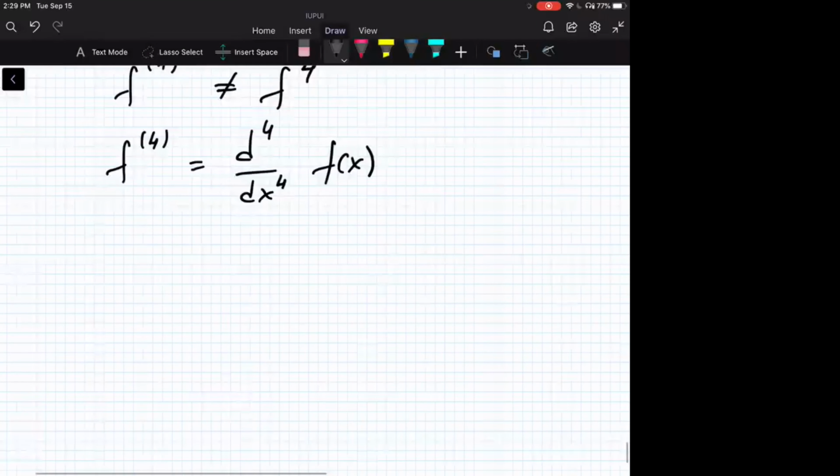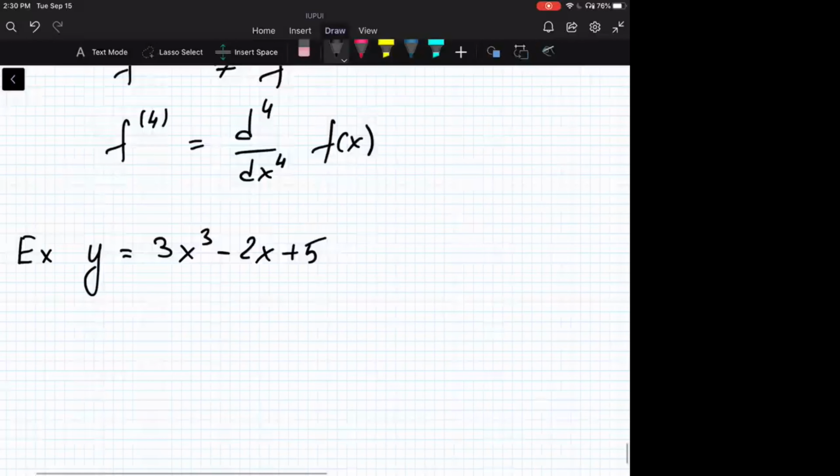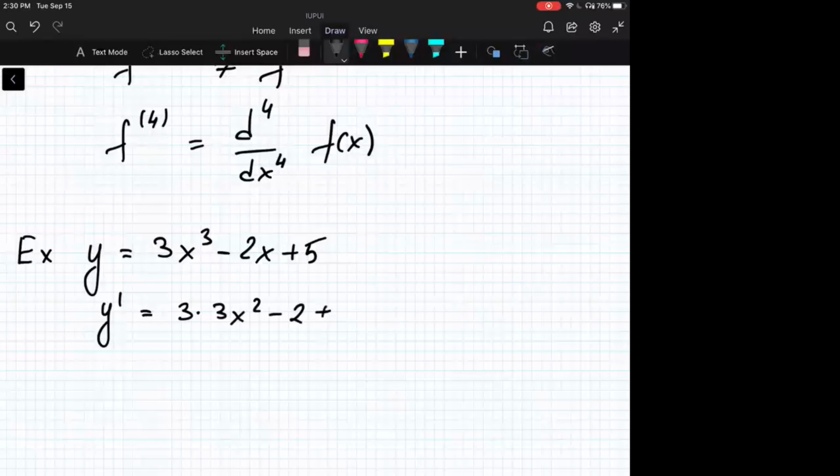Okay, let's see some examples. So suppose you have the function y equals 3x cubed minus 2x plus 5. Then y prime, the first derivative, will be what? It will be 3 times 3x to the power 2 minus 2 plus 0.